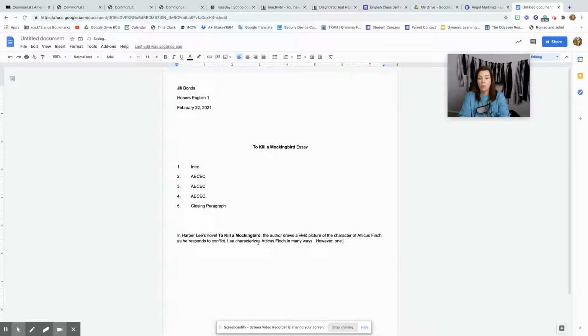However, a few of the more noticeable traits of Atticus are, colon. You can use any of this that I'm using, and this is where you're going to list out 3 traits from your dialectical journal, like all those lists that we wrote on the board. Now, very important.